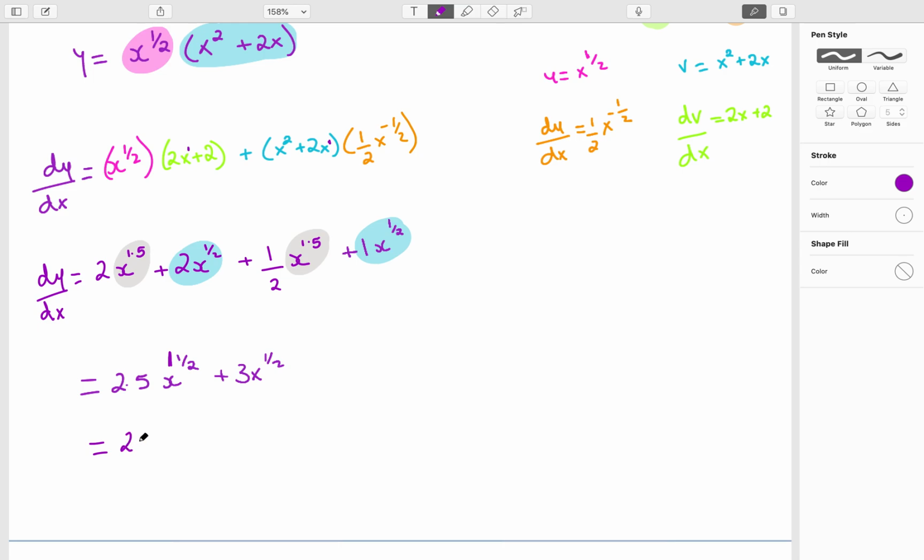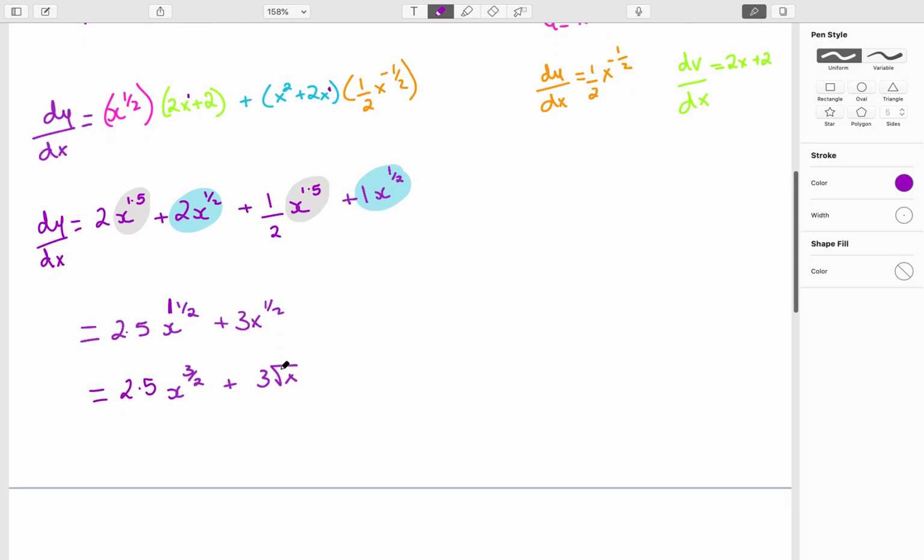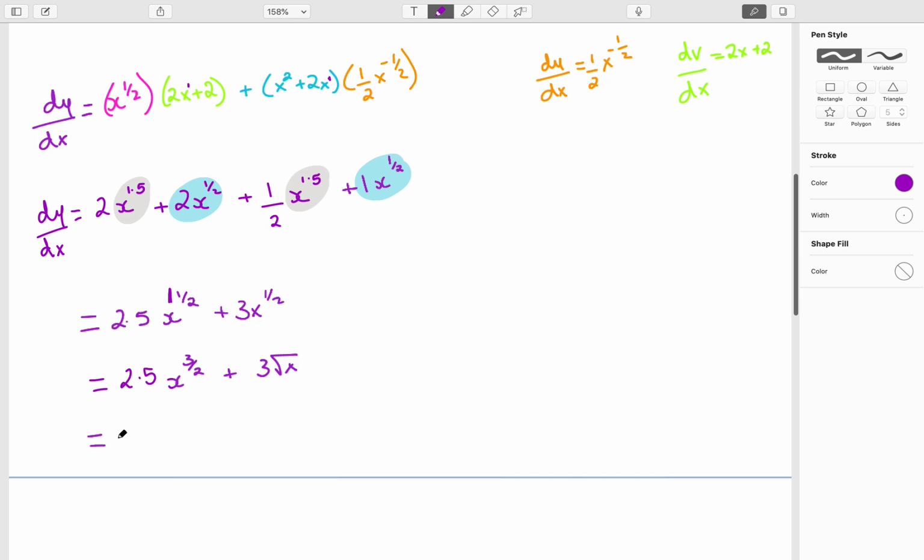So this one here would become x to the power of 3 over 2 plus 3 root x. And using indices, then I could actually use this guy. I could say that this is 2.5 times the square root of x cubed, using the indices, plus 3 root x.